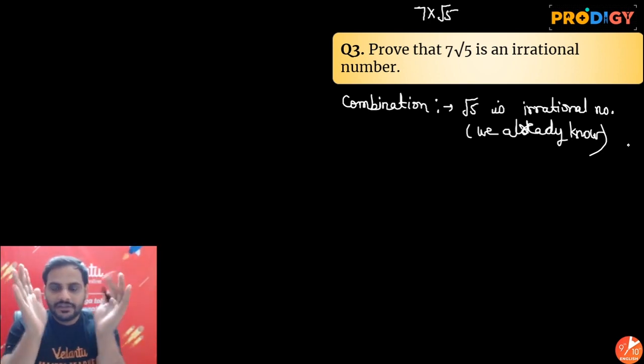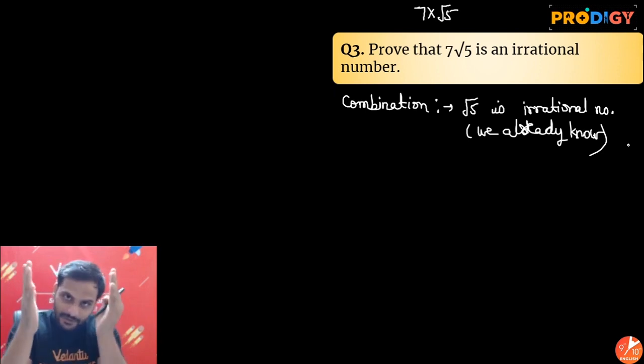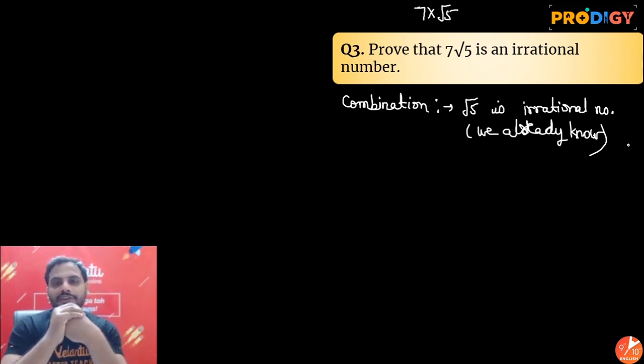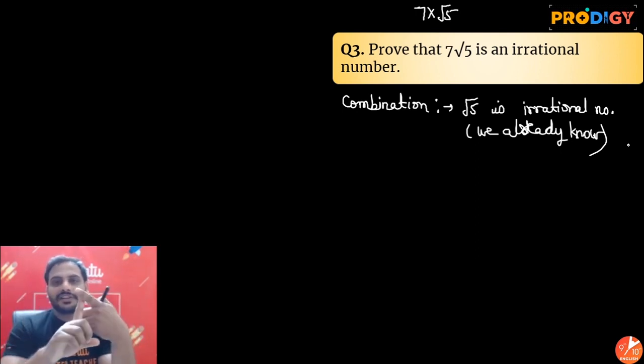Try to understand. These combination problems are comparatively short compared to those where you have to prove root 2 or root 3 is irrational. So this is very easy. I already know root 5. Please remember, these combination problems come only for 2 marks, but proving root 2 or root 3 is irrational generally comes for 3 or 4 marks.